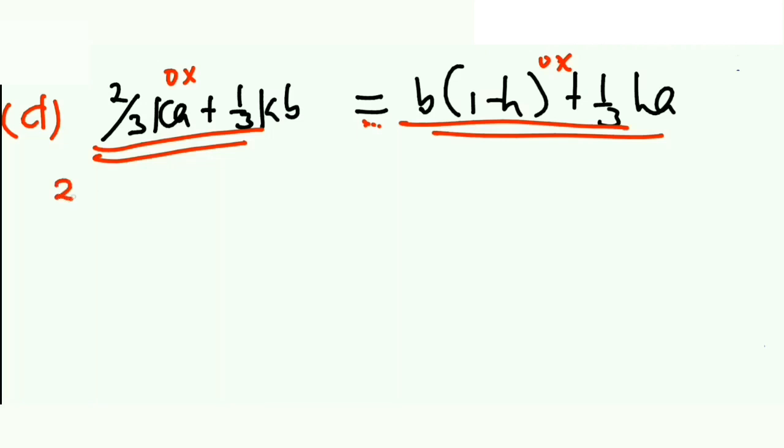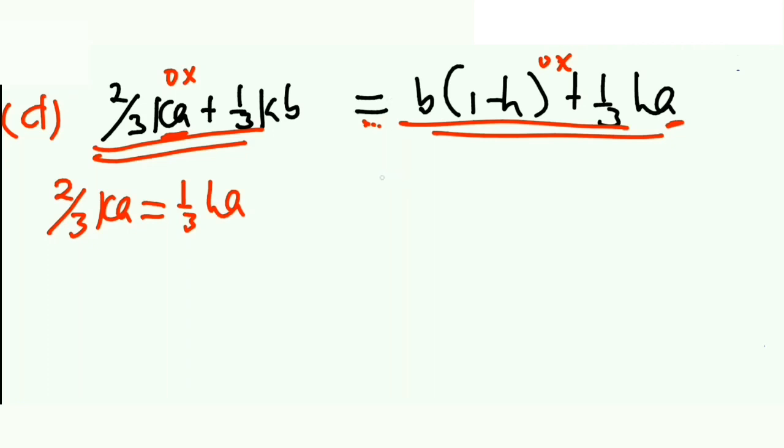This is 2/3 KA equals 1/3 HA, this part A, so they are the like terms.